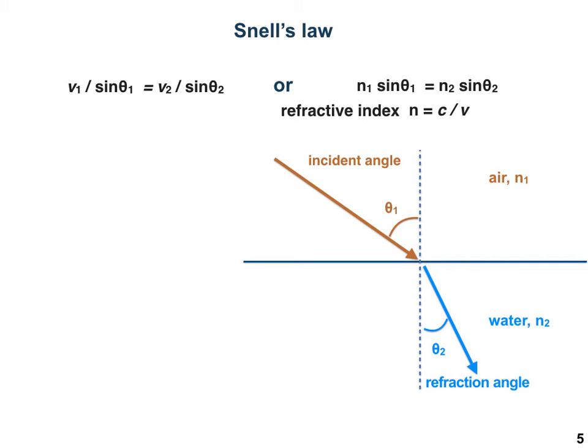And it follows a mathematical equation: the speed of light v1 in medium 1 divided by the sine of the incident angle theta 1 is equal to the speed of light v2 divided by the sine of theta 2. Theta 2 is the refraction angle. Or if we use the refractive index n we just learned earlier, we can describe this Snell's law in a different way, like the equation on the right side.